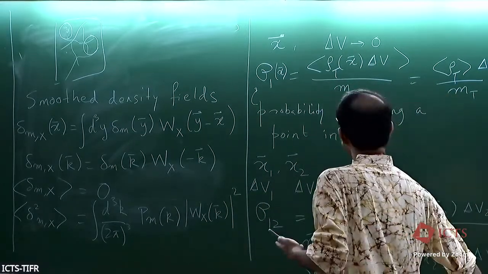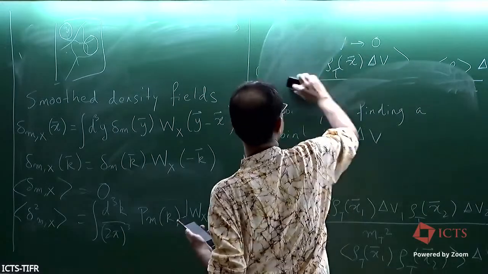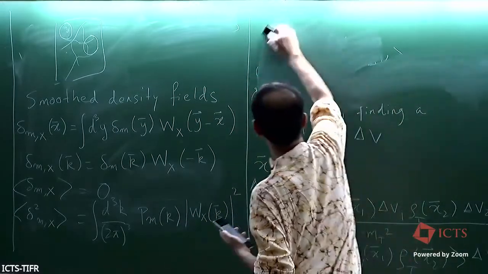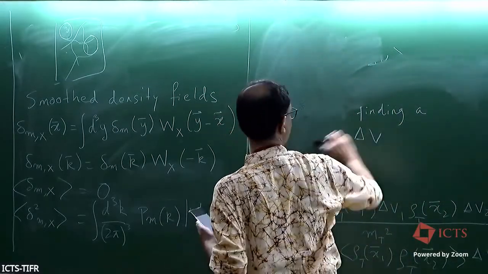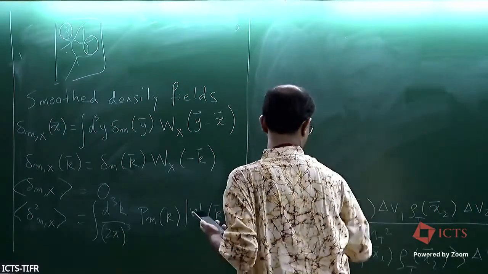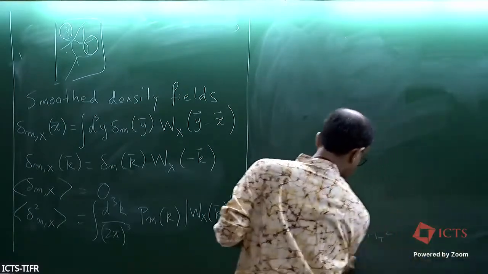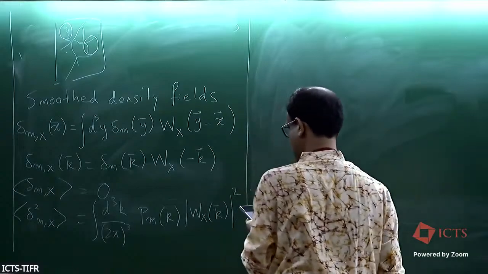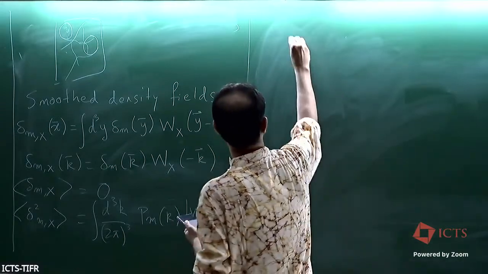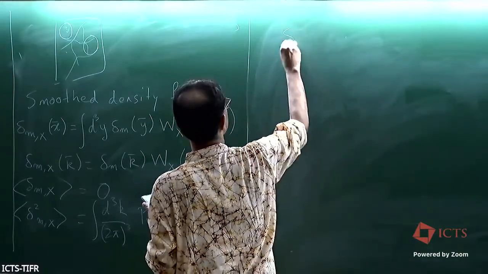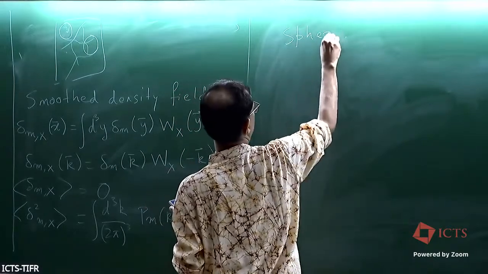Just to give you some definite relations, if you are just averaging over a hard sphere, then the form of your window function would be this. This is what is known as the spherical top hat.